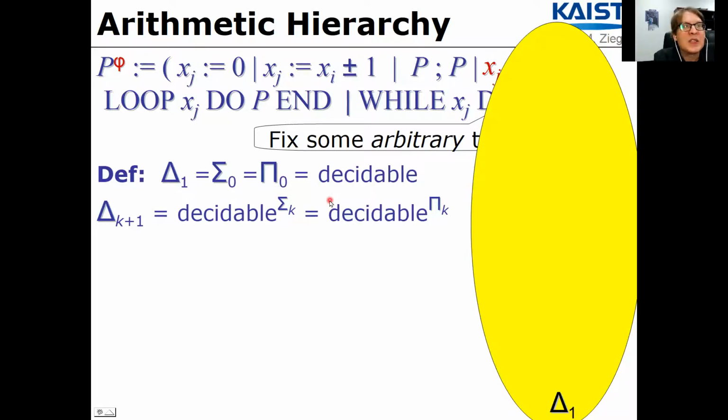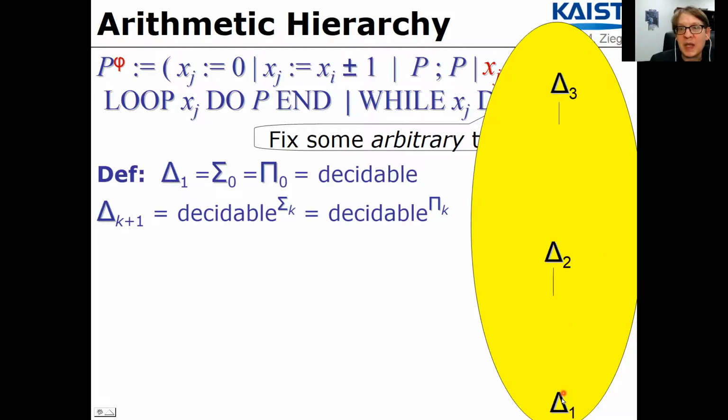So this inductive step definition is consistent with the induction start definition with case k equal to 0. But we also need inductive definitions for sigma k plus 1 and for pi k plus 1, right? So we only have now defined inductively delta k plus 1 by induction on sigma k or pi k, but we haven't defined inductively pi k yet. So let's do that.